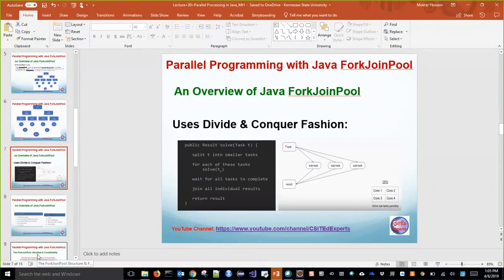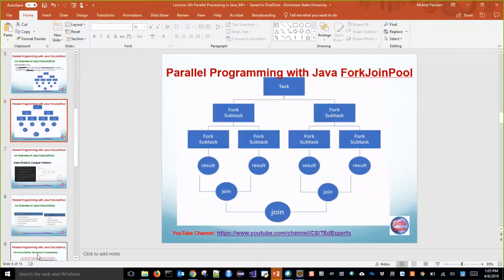Now remember that this structure has a similarity with a programming concept that we already know. Can you please guess what the programming structure is? Recursion, right?